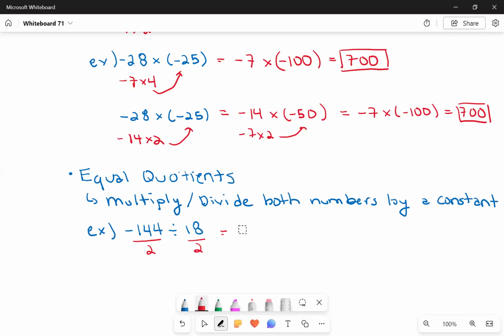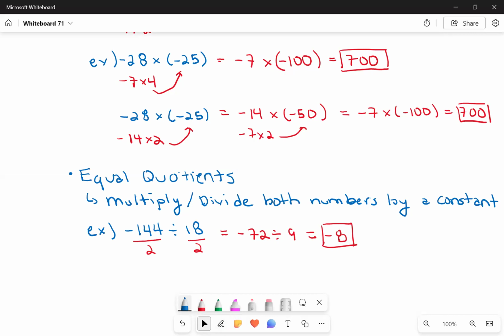Oops, sorry, I forgot the negative. Negative 7. And then 2 into 4 is 2, so negative 72. And then 2 into 18 is 9. And I actually happen to know 72 divided by 9 comes out to negative 8. That's just using our multiplication tables that we should hopefully know. And that's how we do the equal quotient method.